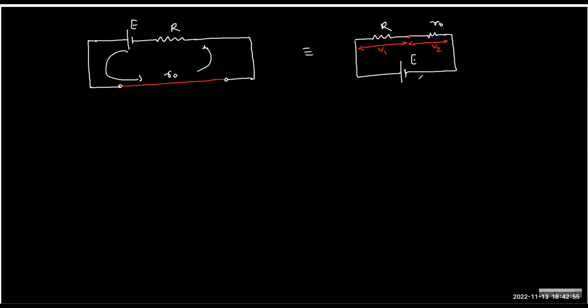So what is the maximum potential difference that can appear across R naught if I take the entire R naught? As per the voltage divider rule, voltage is proportional to the resistance. So V1 will be R upon total into total EMF E. And V2 will be how much? R naught upon total.